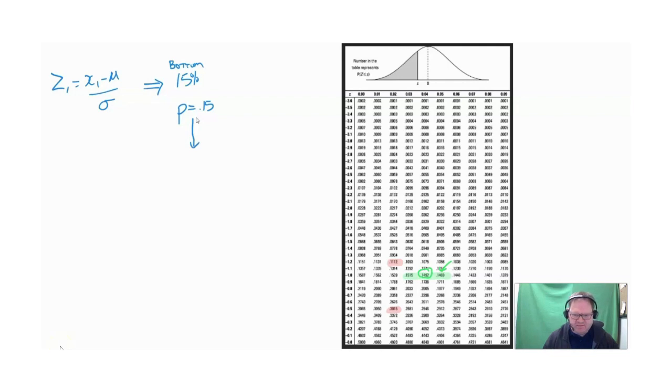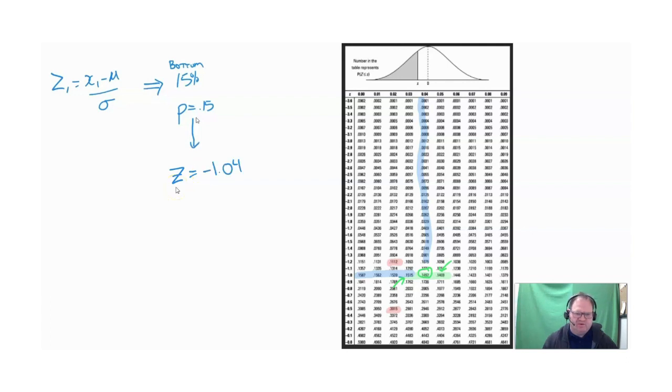As it happens, 0.1492 is closer to 15% than 0.1515. So I'm going to use that value. So it's -1 and 0.04. So my z-score is equal to -1.04.